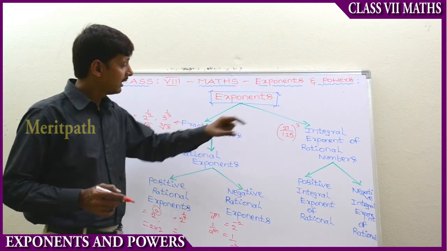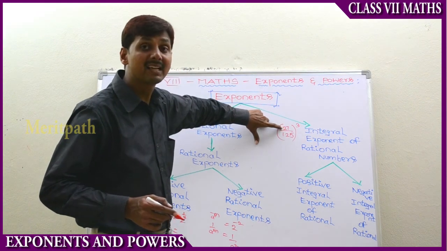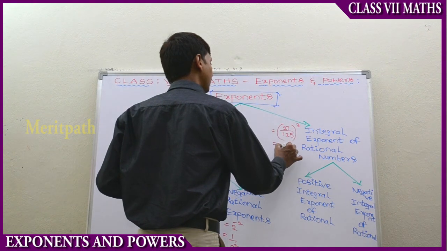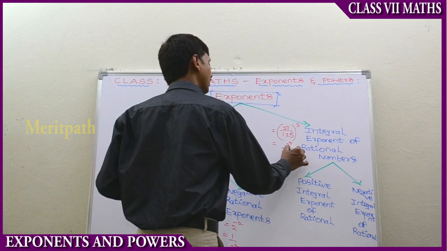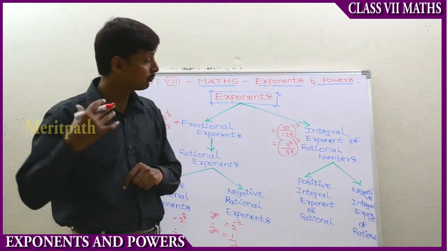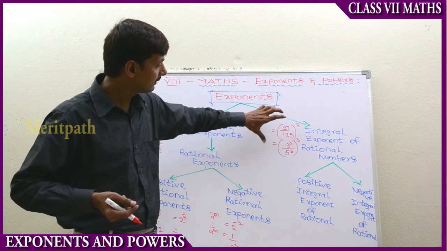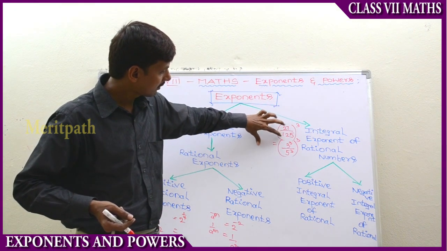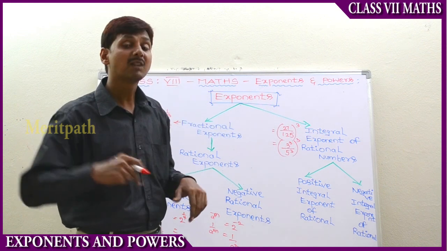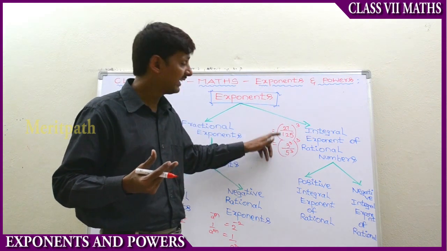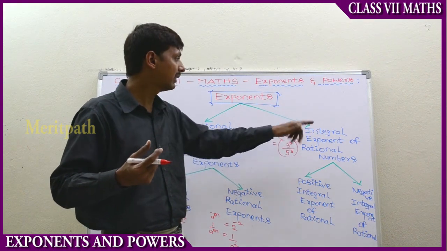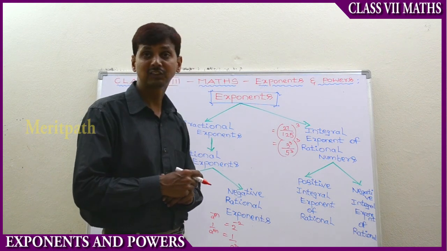The reason is we can write 27 as 3 cube and 125 as 5 cube, the whole to the power of 3. We can write this base as some power, like 3 cube; we raise this base as a power. It can be expressed as some power. That's the reason we call this an integral exponent of the rational number.